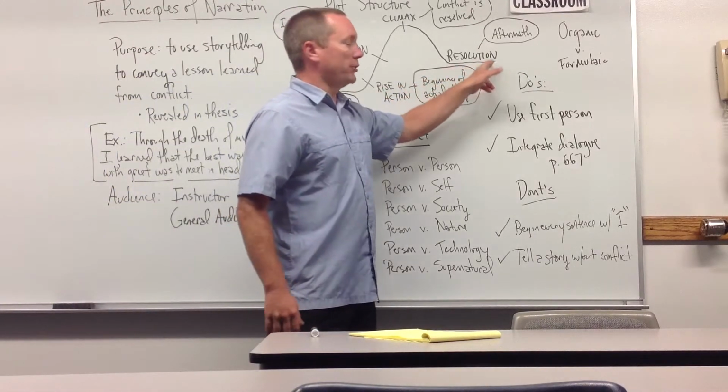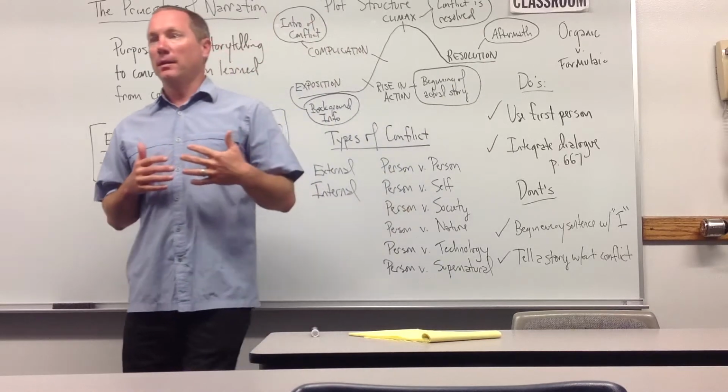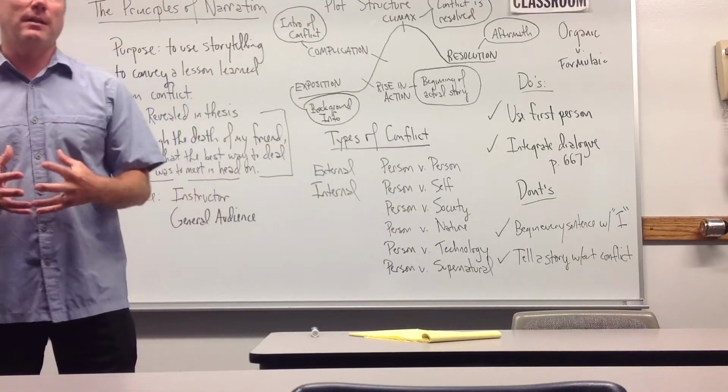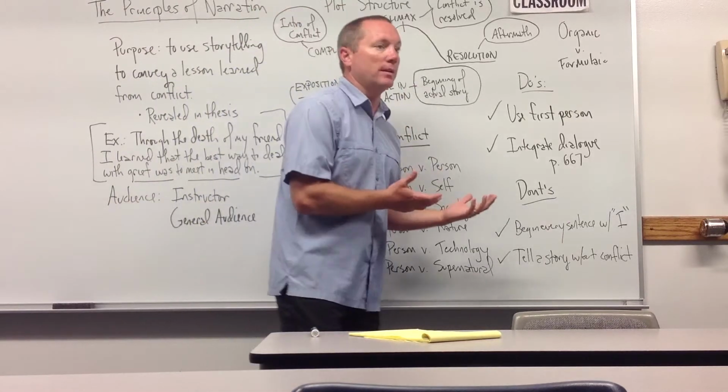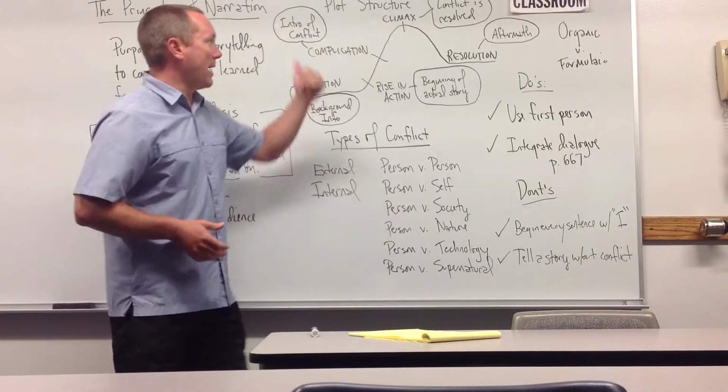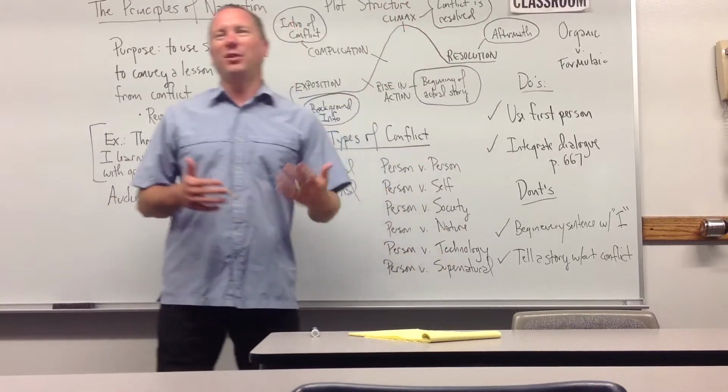Finally, we have resolution. Resolution appears in stories on different levels. Sometimes there's a lot of it, sometimes there's not very much of it. It's basically the aftermath of the story. After the conflict has been resolved, what do you see?